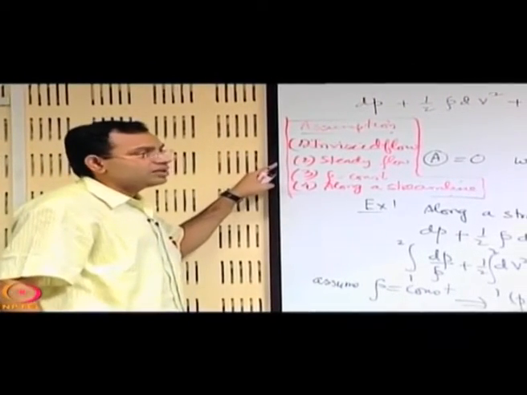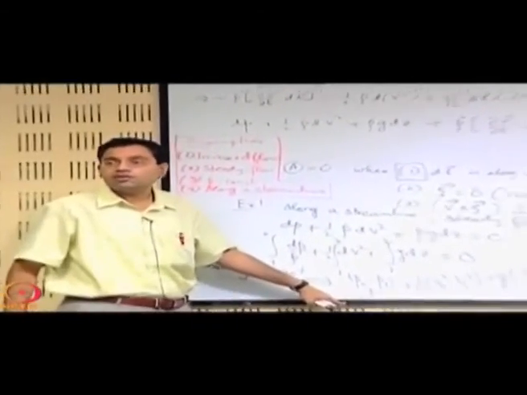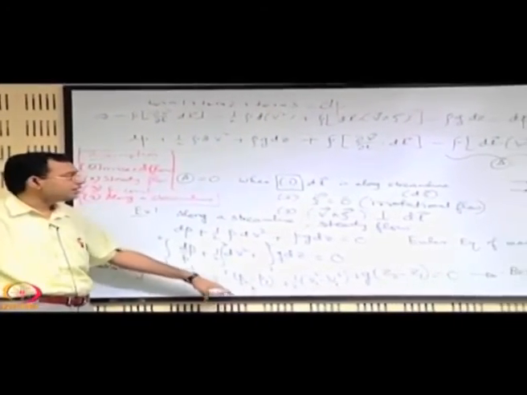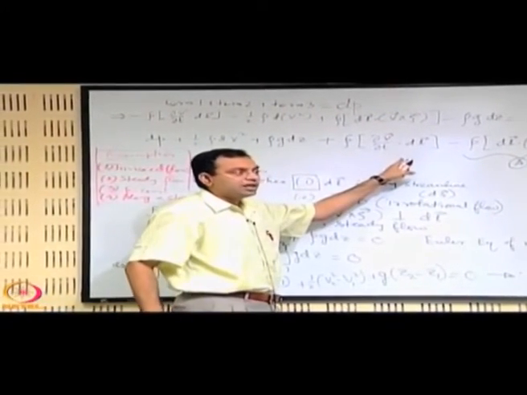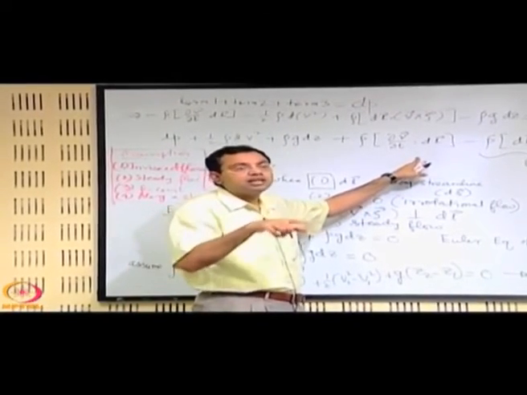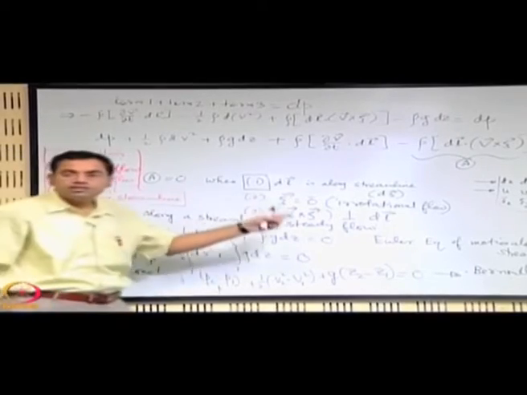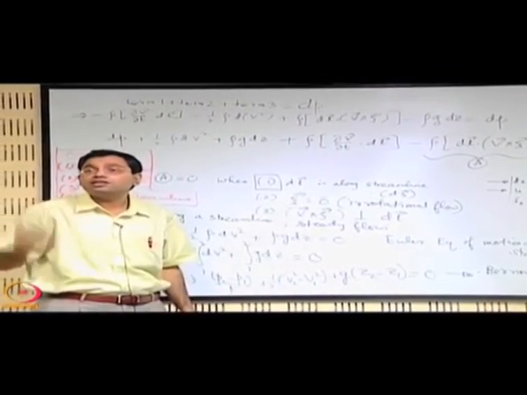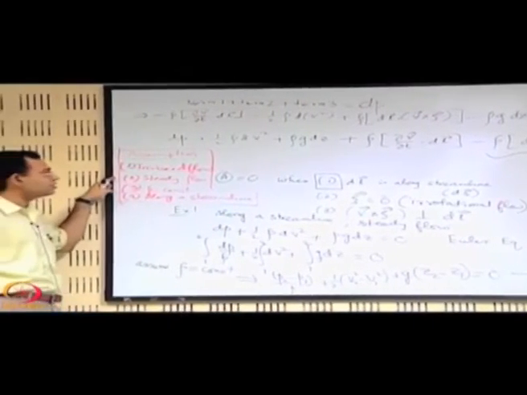Steady flow is for this version of the Bernoulli's equation, but you can also have an unsteady version of the Bernoulli's equation, that we will see later on, maybe in the next class, where we retain this term and write a Bernoulli's equation for unsteady flow along a streamline. So only for this version it is steady flow, and that is the standard Bernoulli's equation, but we also have the unsteady Bernoulli's equation, for which the steady flow assumption is not required.